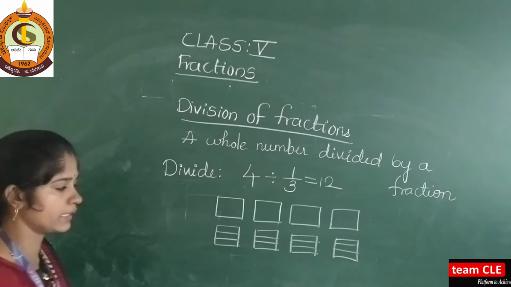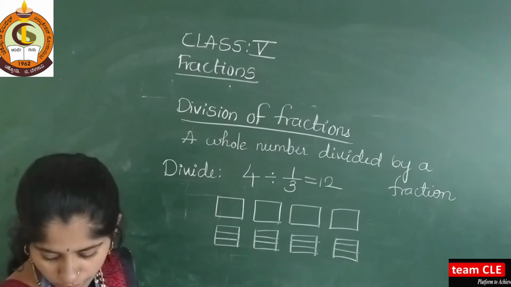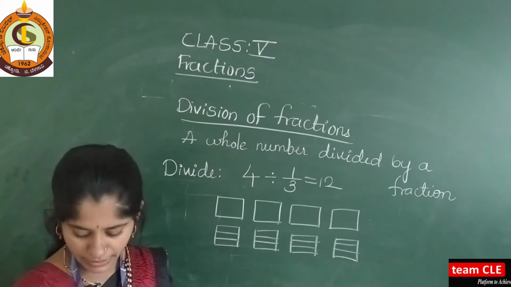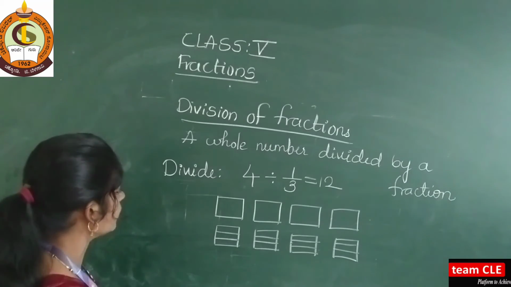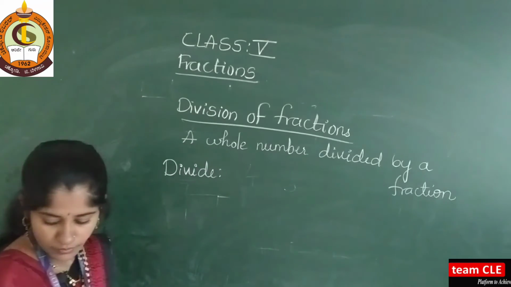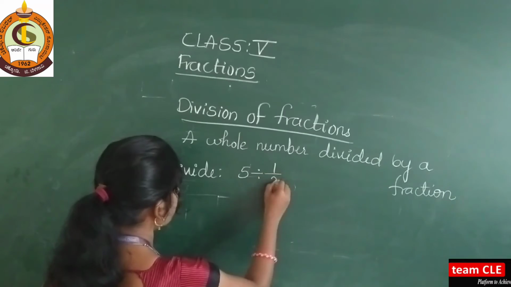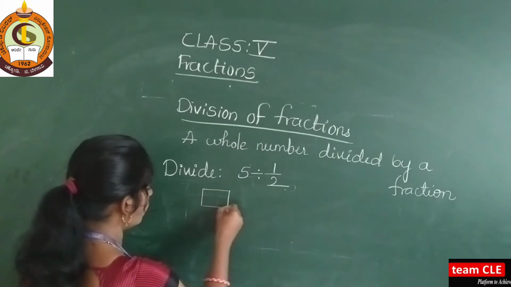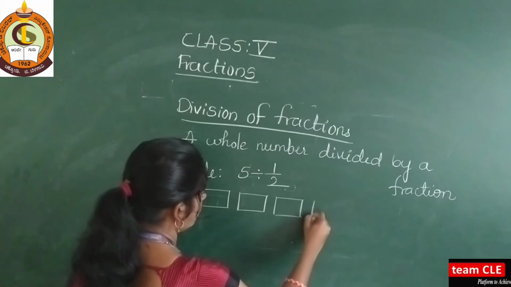I hope you are getting my point. Okay, next, solve the following by using diagrams, My Practice Time 10, page number 143. One more example: 5 divided by 1 by 2. So draw 5 wholes: 1, 2, 3, 4, 5.